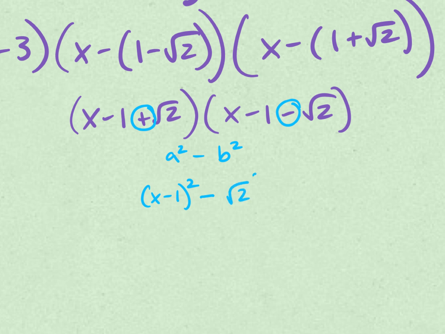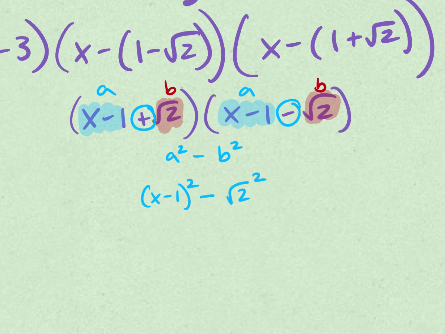Square root 2 squared. So x minus 1 is our a, because it's the same in both of them. Square root 2 is our b.